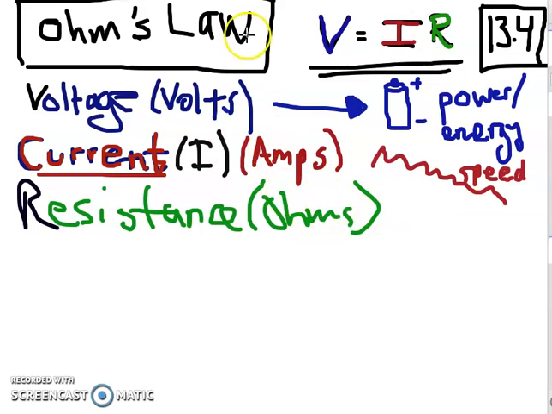Resistance is a hard one to come up with an analogy for. It's kind of like the obstacles that the electrons have to go through because it deals mainly with slowing down the current.